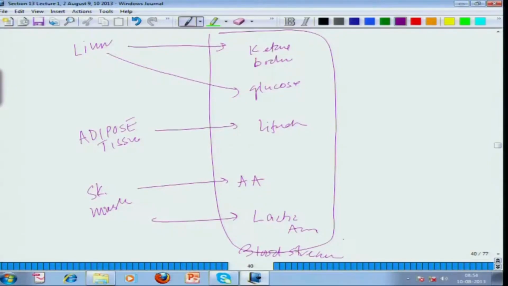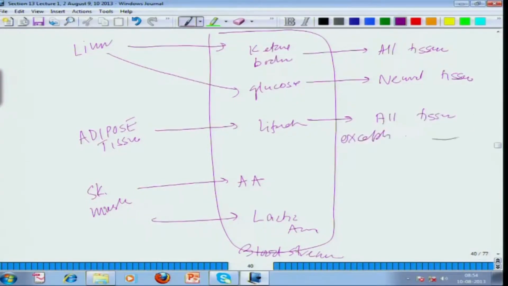And their destinations are all tissues. Glucose goes mostly to the neural tissue, lipids go to all tissues except the neural tissue, and you have the amino acids going to the liver, and lactic acid also going to the liver.